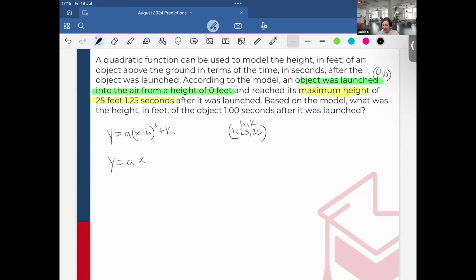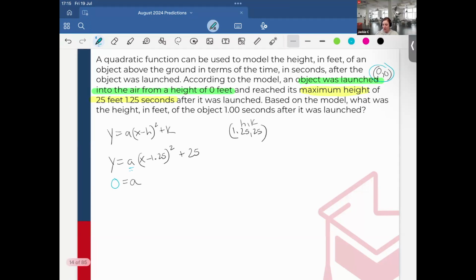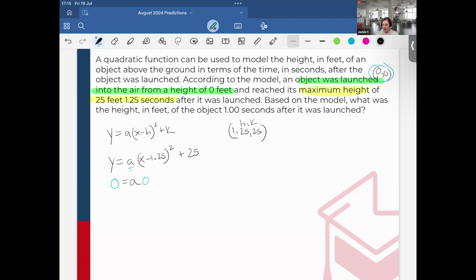So this would be x minus 1.25 squared plus 25. And then I want to get what a is. And since I have another pair of coordinates, I can easily do that. I can substitute in 0 for the y and 0 for the x, and in doing so, I will solve for a.